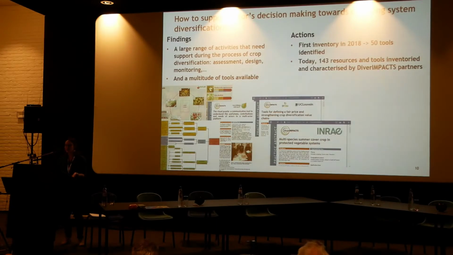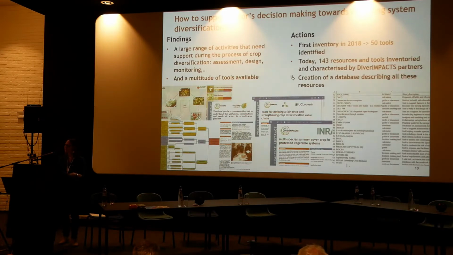And today we have identified and described 143 resources, which are all described in a database, which is available. But this database contains a huge amount of information that we have to help users to use.